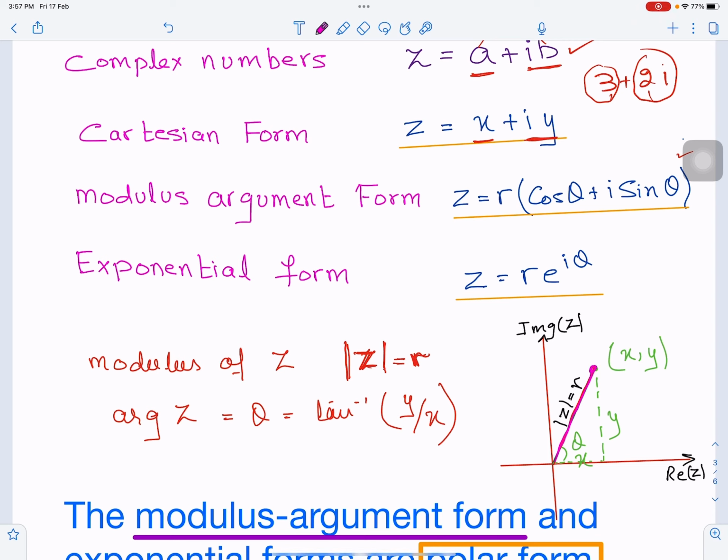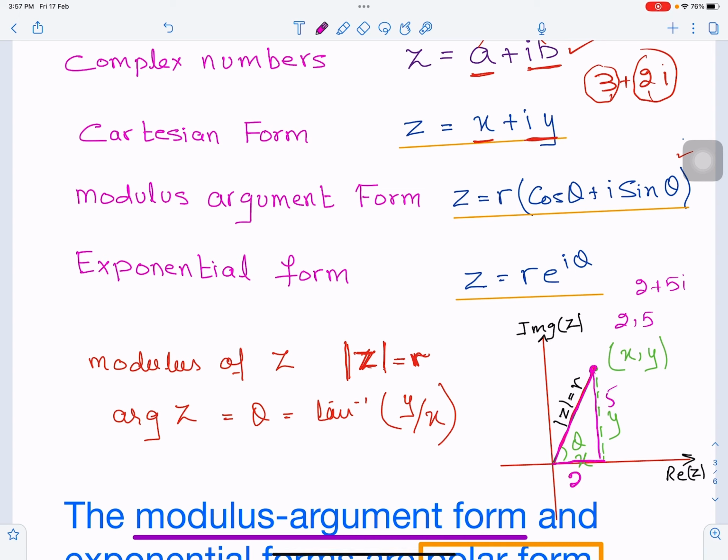Now this point is, suppose, x comma y, or if I write here, for example, 2 comma 5, the point where in the complex number I will write it as 2 plus 5 iota, right? So this will be your 2 and this will be your 5.